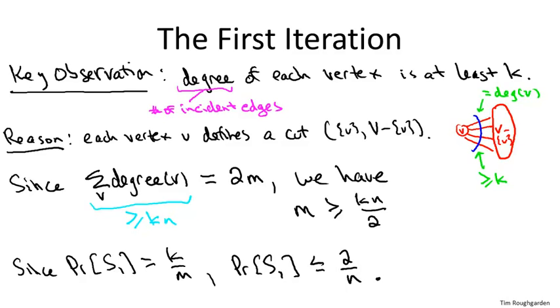So that's our first milestone. We've figured out the chance that we screw up in the first iteration, that we pick some edge that crosses the cut A, B. This is a small number, right? In general, the number of vertices might be quite big, and this says that the probability we screw up is only 2 over the number of vertices. So far, so good.